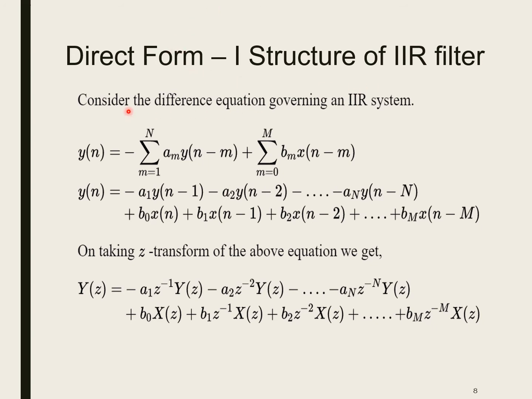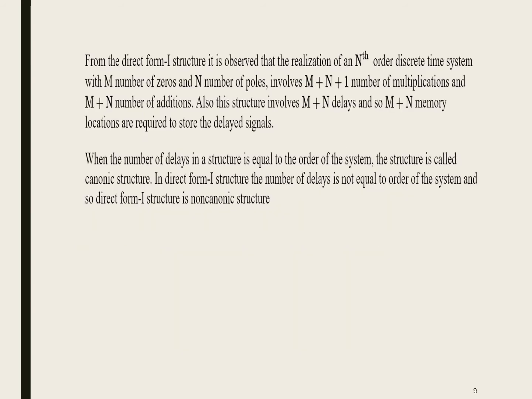So, we are considering the same general governing equation of an IIR system. This is the equation. Now, on taking inverse Z transform, what do we get? This is the equation. So, how are we going to apply this? Output is equal to input portion. Okay.